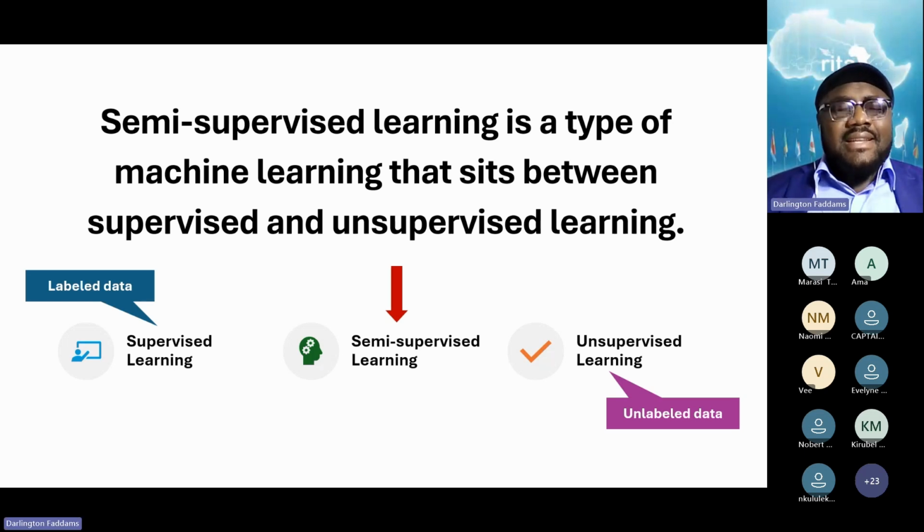Now, in between labeled data and unlabeled data, we have some type of learning in between them. With this type of learning, this is where we are usually dealing with a lot of data and we can't label all of them. So what we do is that we label a small part and we allow the system to do the rest. Because we can't do all of them.